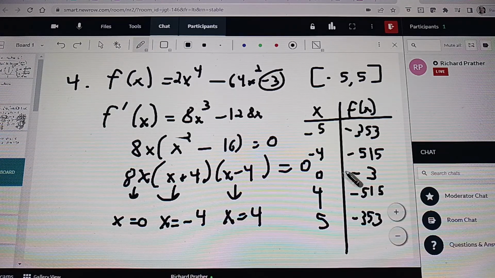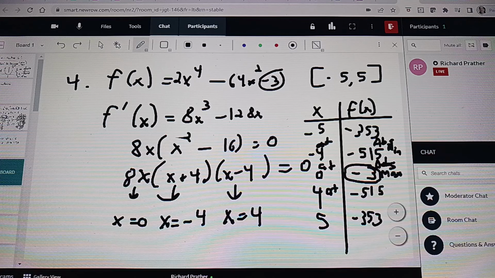The absolute maximum is -3. Absolute maximum of -3 at 0, which is one of the critical numbers. And then there's a tie for the absolute minimum. There's an absolute minimum value of -515. We only say that once though, but it occurs at both -4 and +4.